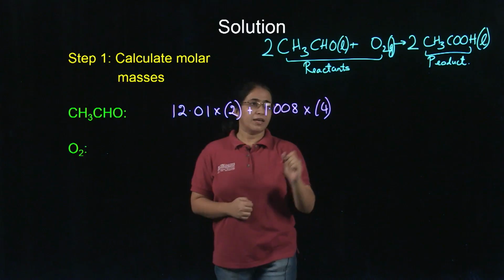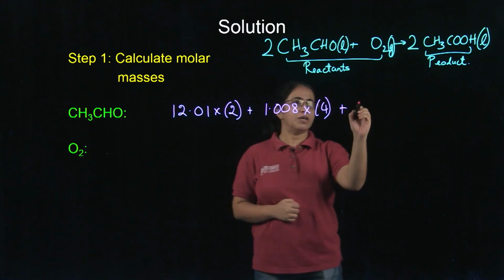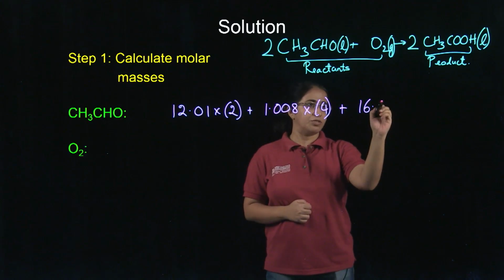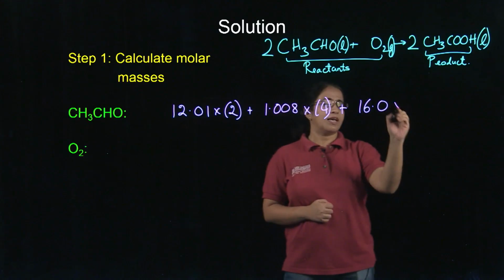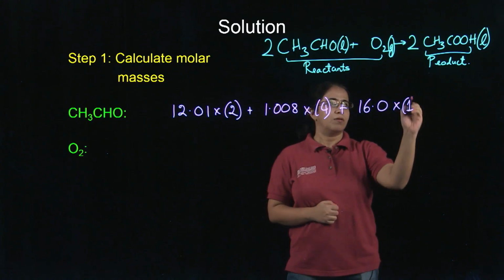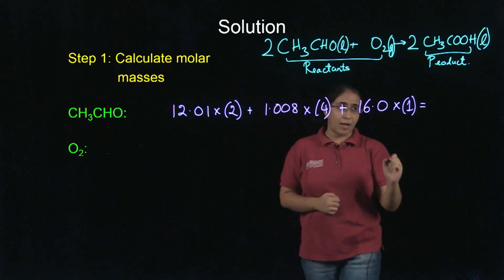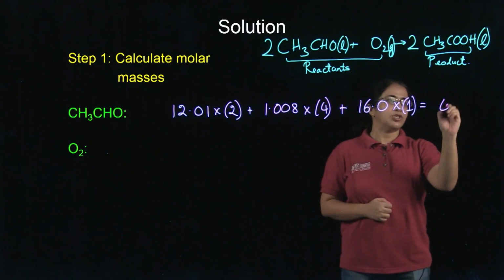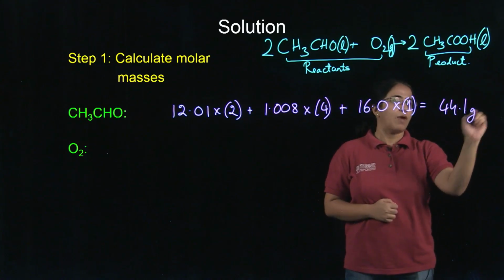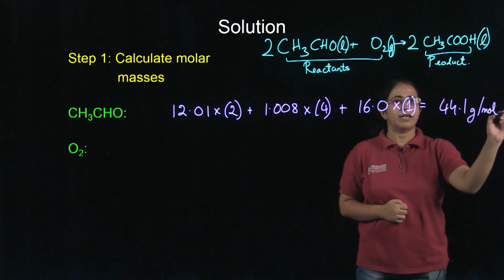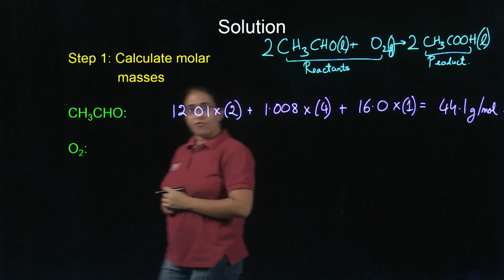Okay. And finally, we have only 1 atom of oxygen. The atomic mass of oxygen is 16.0, so this has to be multiplied by 1. Right? So if we add them up, if you do the math right, the answer should be 44.1 grams per mole after correcting to 3 significant figures.